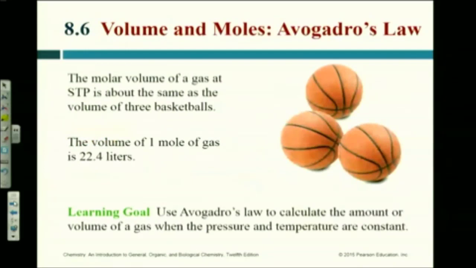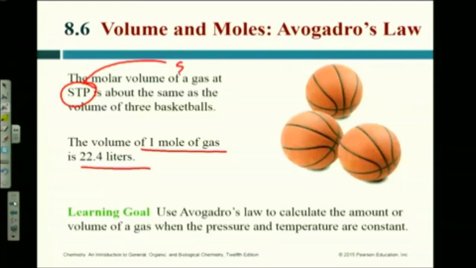All right, what we do need to talk about is the relationship between the volume of a gas and the number of moles that you have. Because we all love moles, don't we? So just stop digging up my yard. Now, we're going to come back to this idea right here: 1 mole of gas is 22.4 liters, and it only occurs when you're at STP.